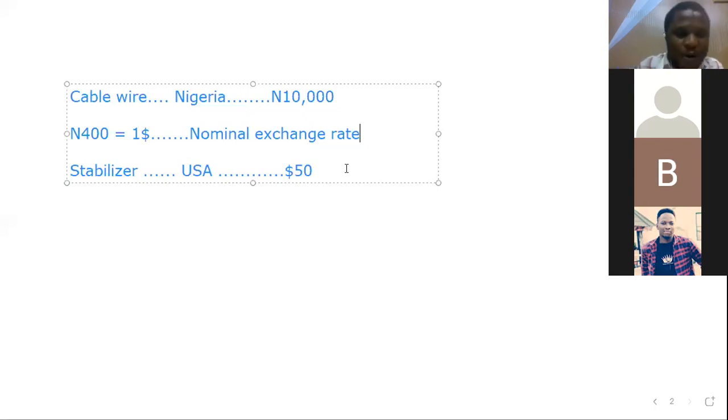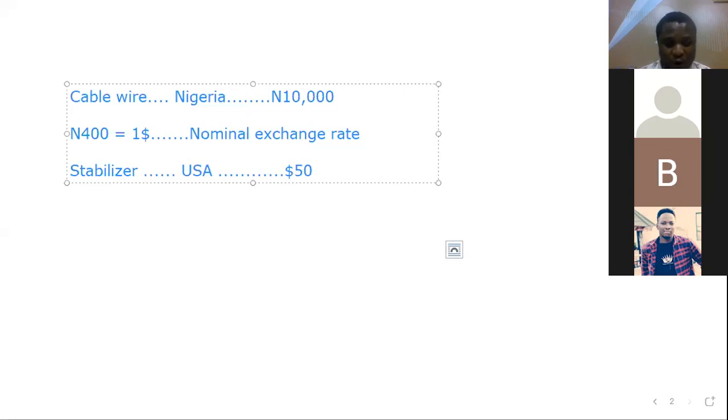So the next thing I will ask myself is, if I have 400 naira to a dollar, how much will I need to exchange this currency to naira? First, I will ask myself, what is the price of Nigerian goods in naira?